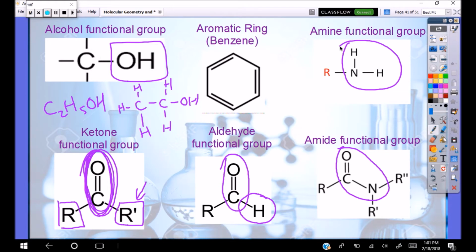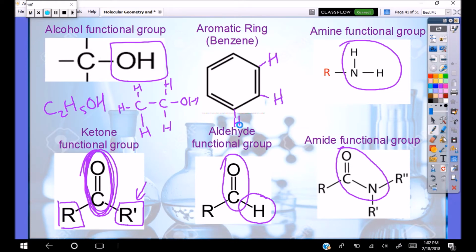The last one we'll see, this functional group here, is an aromatic ring. Specifically, this one is benzene. Benzene is probably one of the most common things you'll have to draw in an organic class. If we're looking at that line bond structure, each of these vertices is a carbon. We have double bonds in here, so each of these carbons only has the ability to form one additional bond.